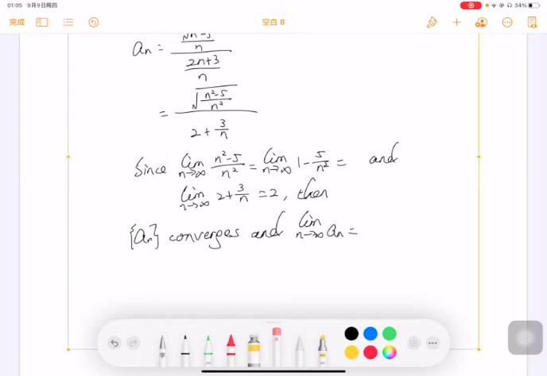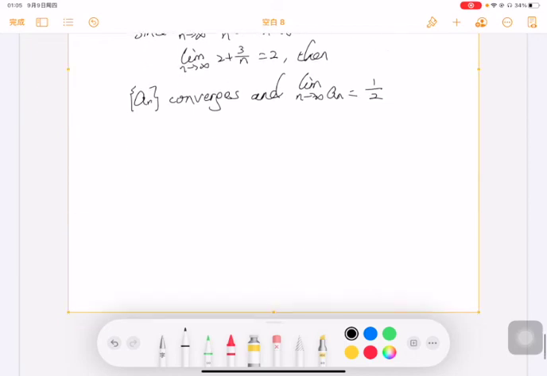This is 1, not 0. Okay, so this is 1 over 2, right? Because the limit of the numerator is 1 and the limit of the denominator is 2. Okay, that's part A.